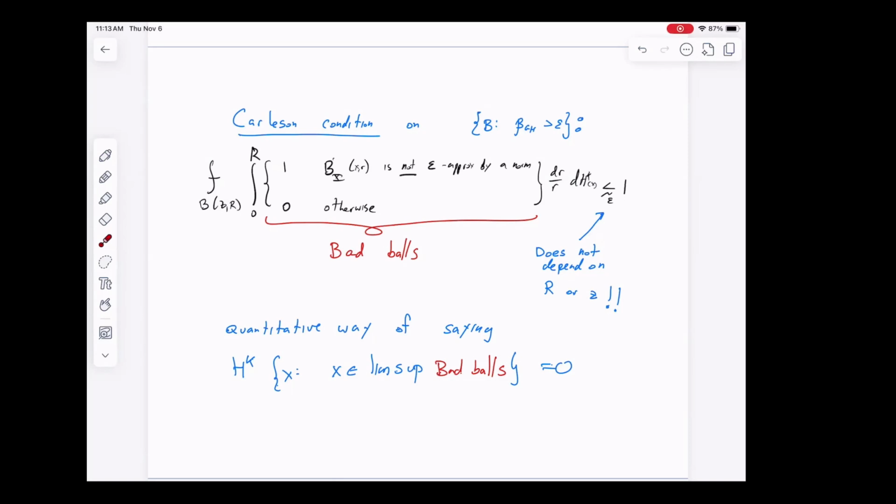In what way? If I look at any ball in my metric space and I average over it, in the sense that I look at all possible points in it, and all possible radii between 0 and the radius of this ball, but I weigh them equally, so I integrate dr over r.